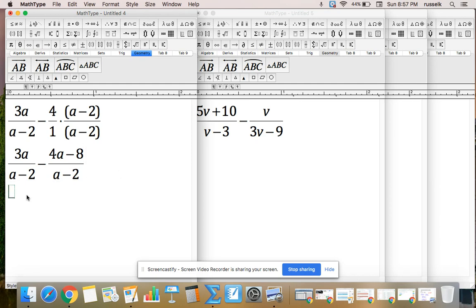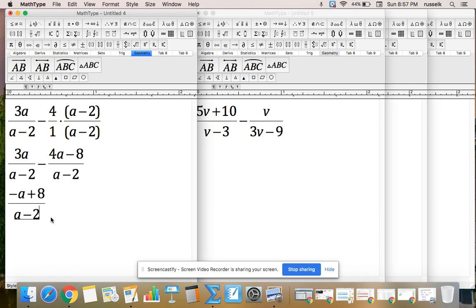Now that our denominators match, we can go ahead and subtract the tops. We have 3a minus 4a, which is negative a. And then be careful, you have 0 in the first fraction minus a negative 8, which becomes a plus 8. Make sure you subtract everything in the second fraction when it's subtraction. We keep our common denominator of a minus 2. That doesn't change, so it just stays as a minus 2.